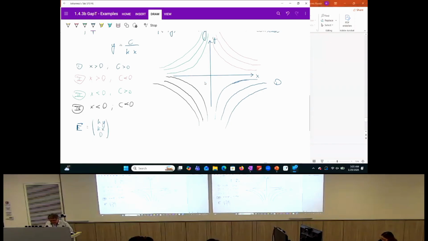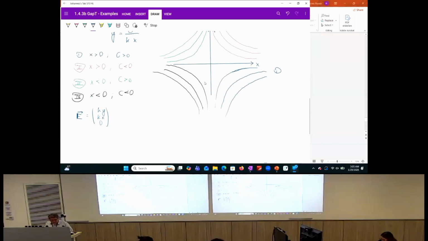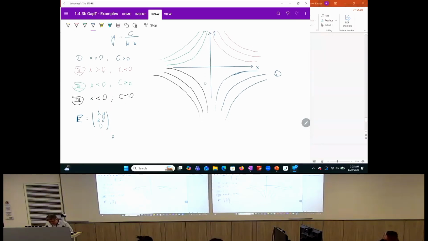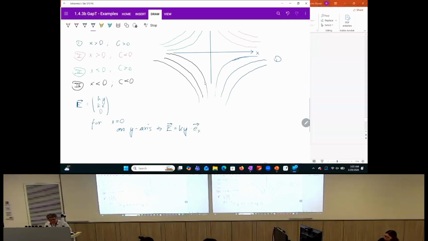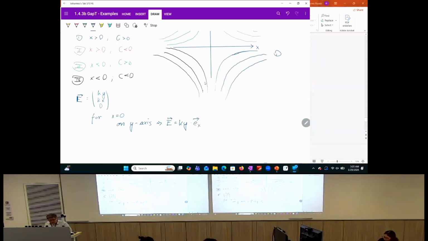Here you notice that, first of all, for x equals 0, we are on the y-axis, and we have E equal to k times y times e_x. So on the y-axis we only have an x component. The y component is 0.